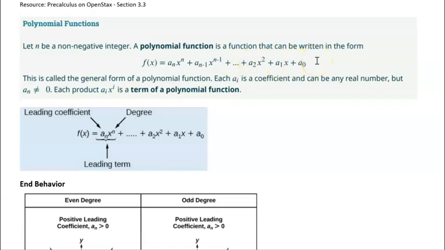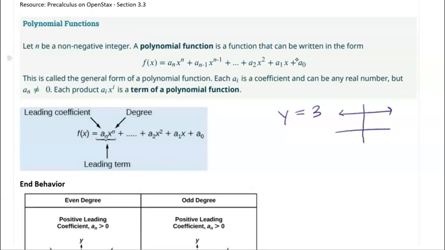So a sub n, x to the power of n, a sub n minus 1, x to the n minus 1, all the way down to like a quadratic term, if you will, a linear term, and then a constant term.